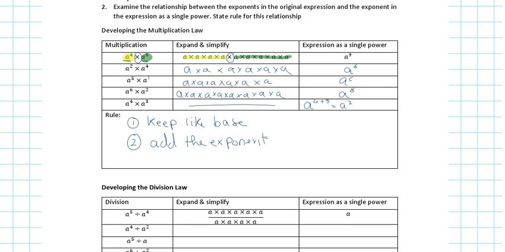So if I have, let's say, a to the power of m times a to the power of n, I keep the base, so I keep the a, and then I add the exponents, m plus n.